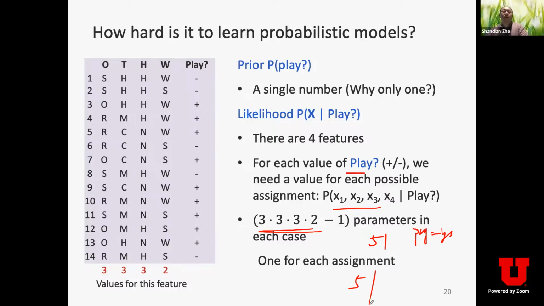And plus, you got a single number here. So you can see that we only have 14 training examples, but we need to estimate 103 parameters. So actually, the model is quite large. Does it make sense?